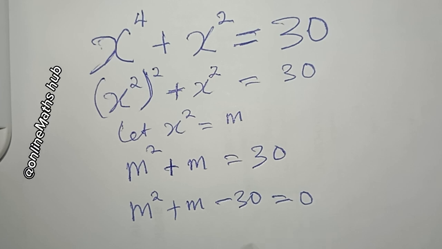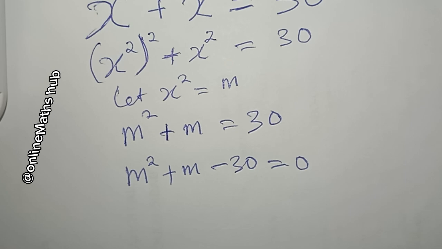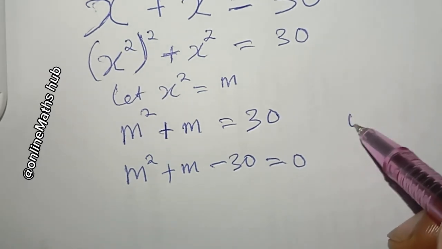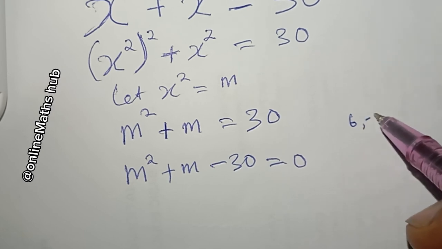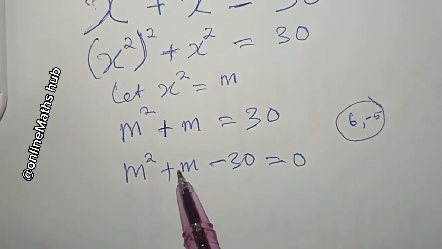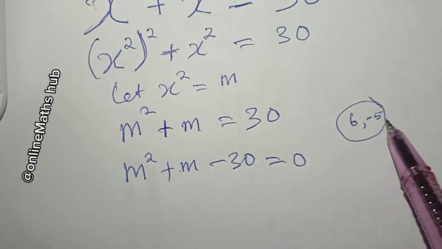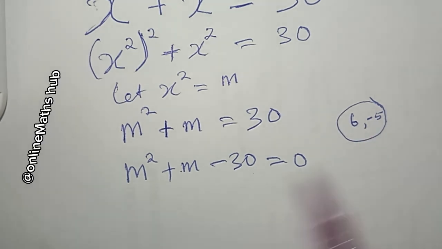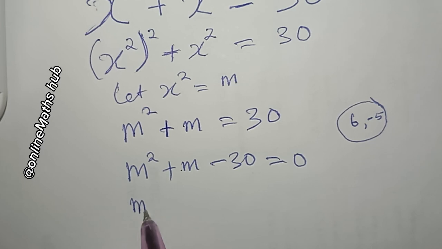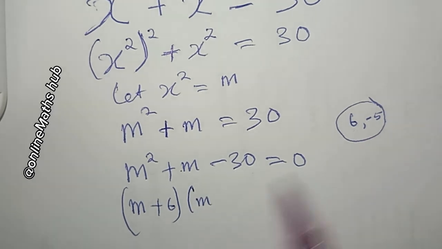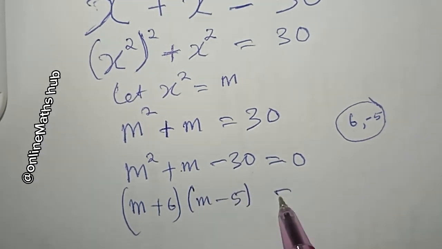This is a quadratic equation which I can factorize, and the two factors of negative 30 are 6 and minus 5. When you add these two numbers it gives you positive 1, and when you multiply them it gives you negative 30. So I'm going to write this as m plus 6, and m minus 5 is equal to 0.